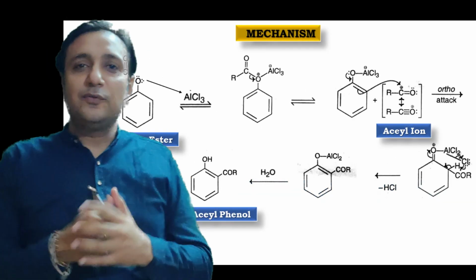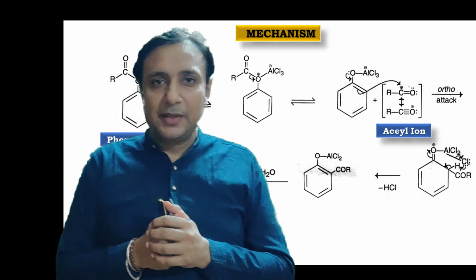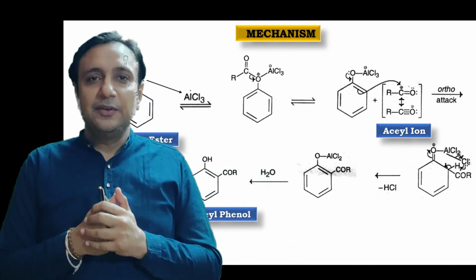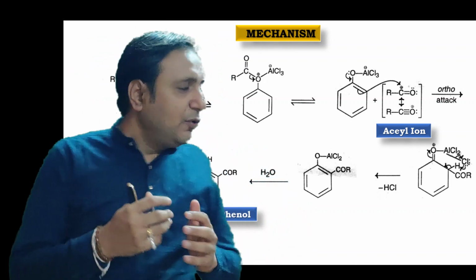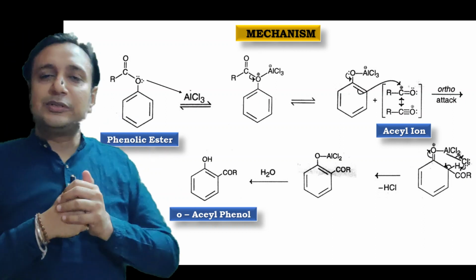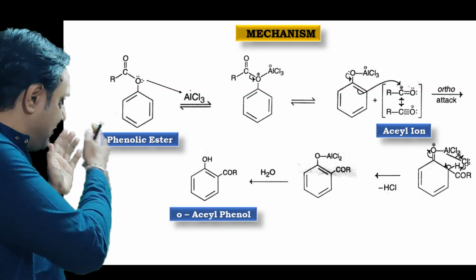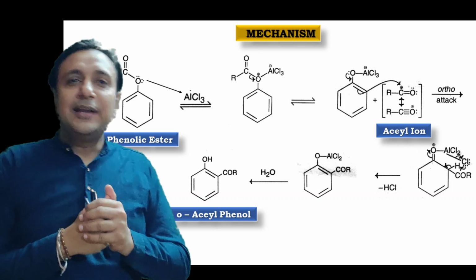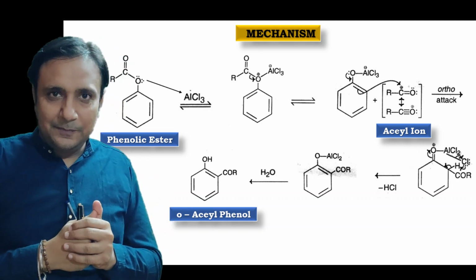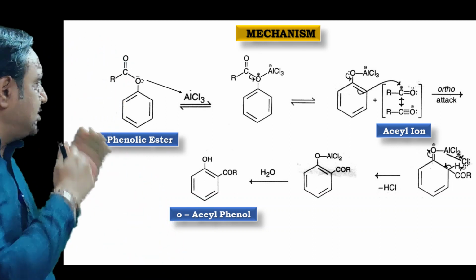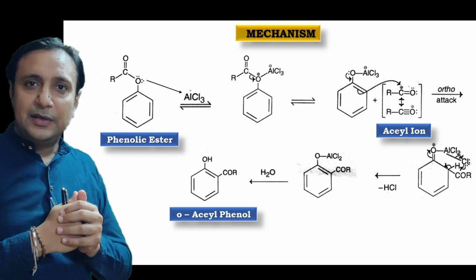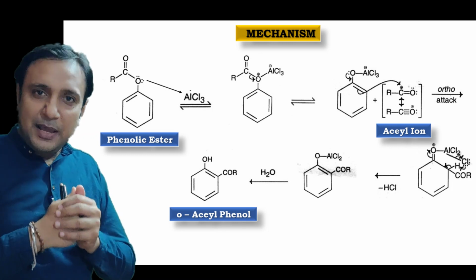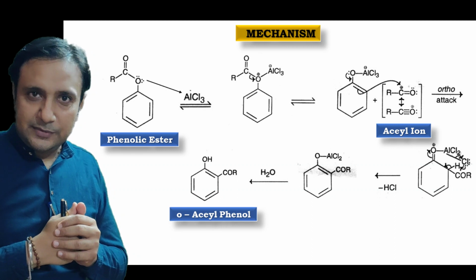Now the next part of the rearrangement is the mechanism. This is the heart of the rearrangement. Now the mechanism is given on your screen. When phenyl ester reacts with AlCl3, the oxygen of the phenyl ester bears two lone pairs of electrons.